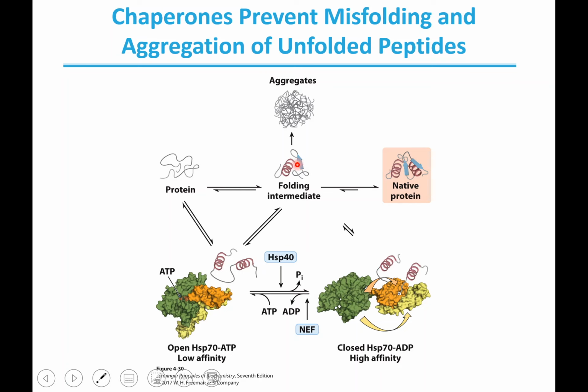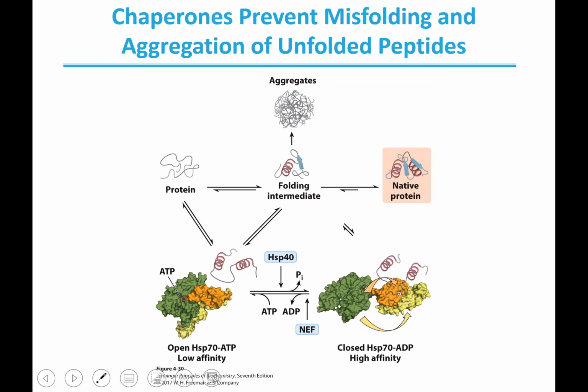If we have our folding intermediate here, we want to get to our native state, but sometimes that's not possible directly, and chaperones help. In the case of heat shock protein 70, it'll be in an open conformation with ATP bound, and that's where it can bind our folding intermediate.